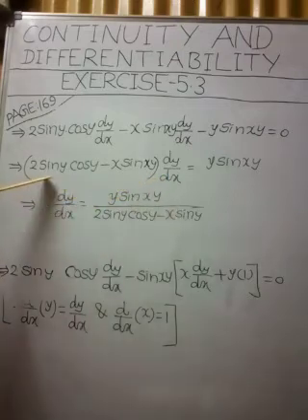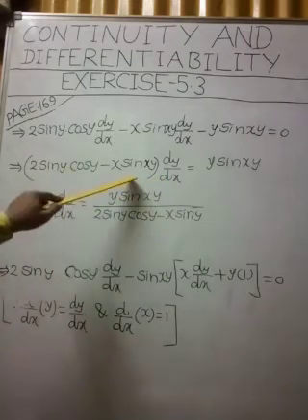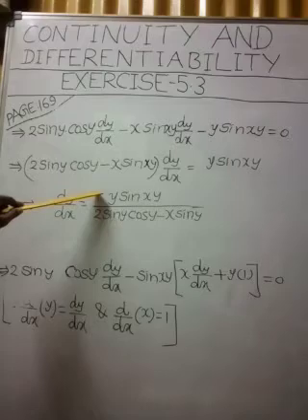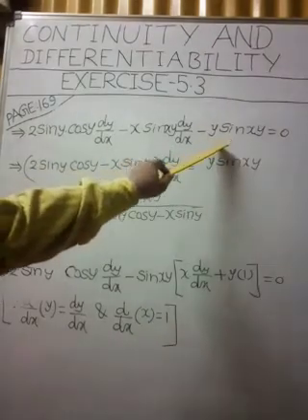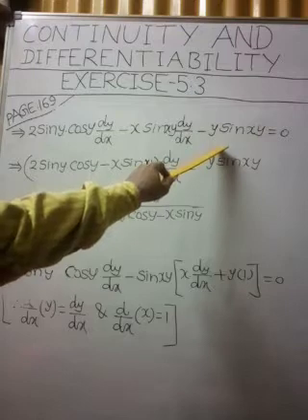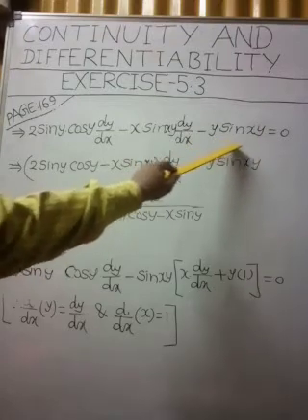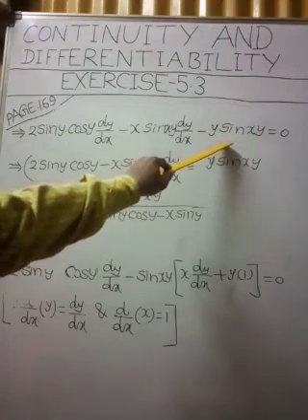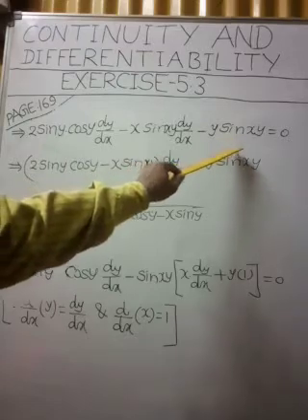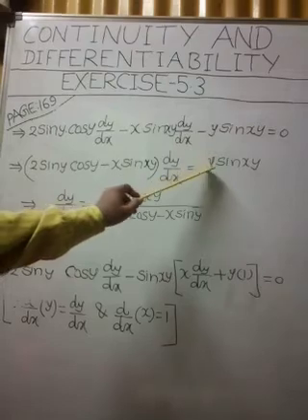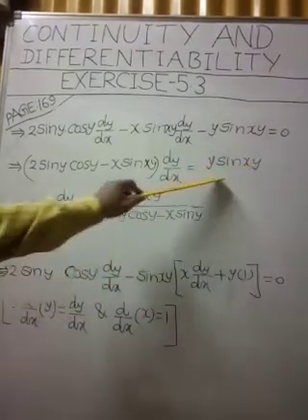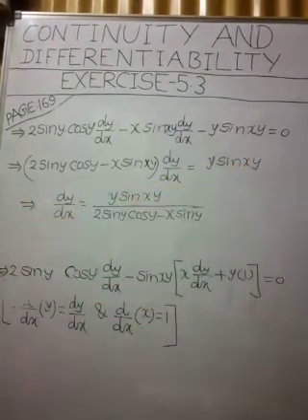Then we get these two terms in brackets. Understood this part, my dear children? Right. Is equal to, we are sending the term which is not having dy by dx to RHS. This is the only term not having dy by dx. So we are moving the term to RHS, so it becomes y sin xy. Understood, my dear children? Right.